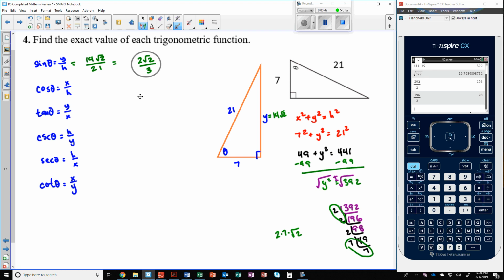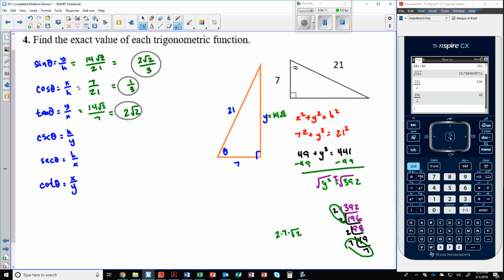Cosine is going to be 7 over 21, which will reduce and become 1/3. And then we go on to the tangent, which is y, 14 square roots of 2, over my x, which is 7. 7 goes into 14 twice, so this is the same thing as 2 square roots of 2.